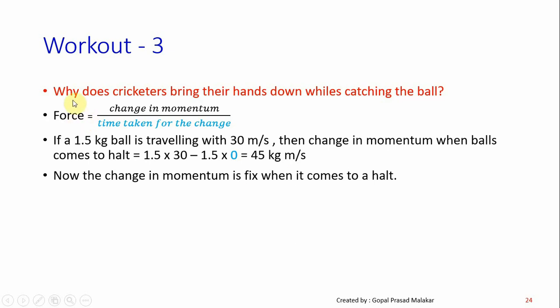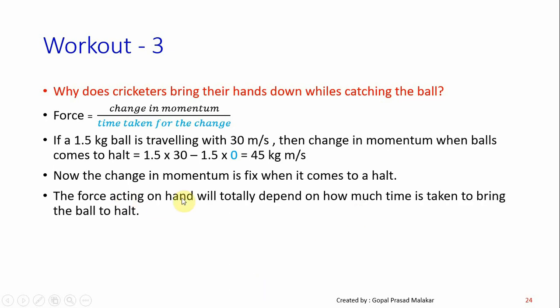So what will affect the force that he will face on his hand? It will depend on the time taken for the change. The force acting on the hand will totally depend on how much time is taken to bring the ball to a halt. If it is brought to a halt immediately, if this time is very small, the force will be very high. But if he moves his hand along with the ball downwards, he is taking more time to bring it to a halt.